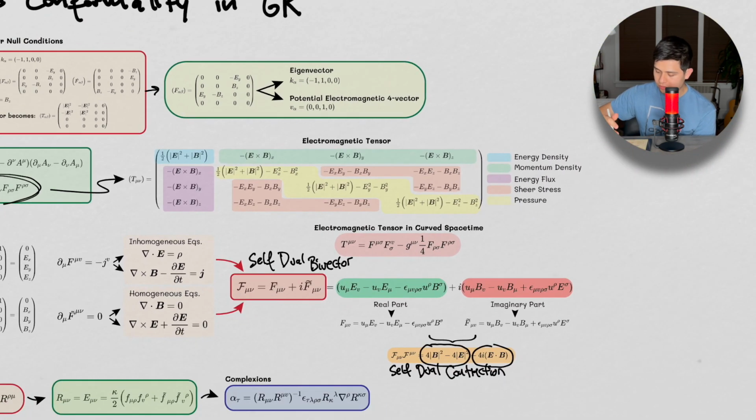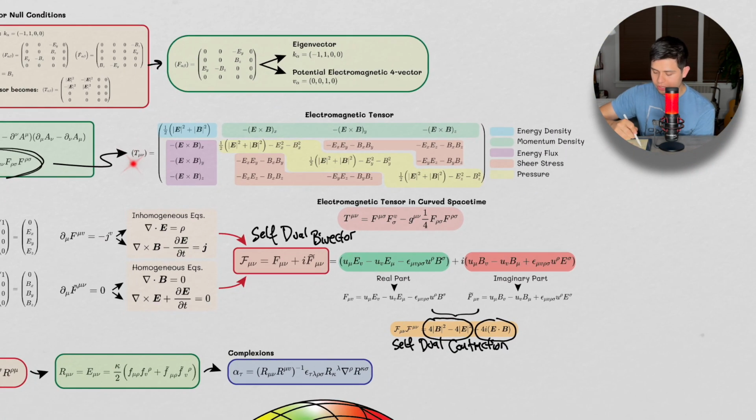Okay, and so we also have the electromagnetic stress tensor T mu nu, phrased as a matrix. I'm not going to go over this in detail because we have already done this, but the idea here is we can actually understand the components of T mu nu. So this is this component of our T mu nu.